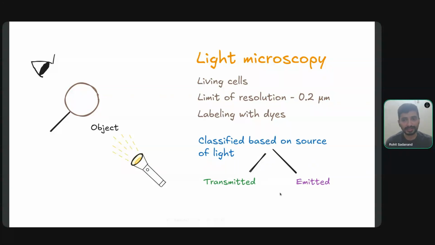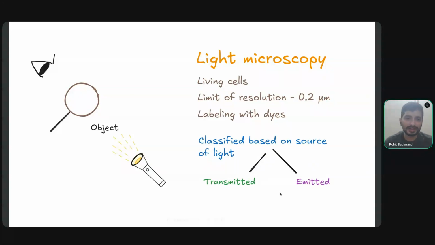And that being said, they have a limited resolution of less than, say, a fourth or a fifth of a micrometer. So they have a micrometer kind of a resolution. That would be like 200 nanometers, right?